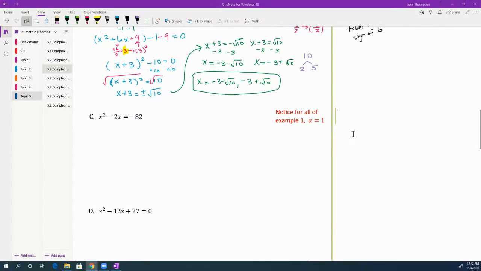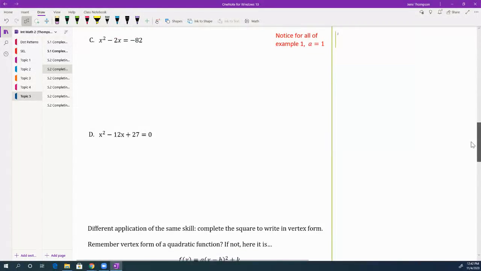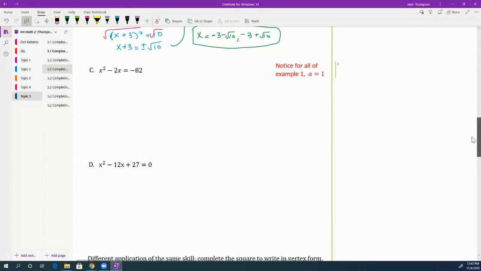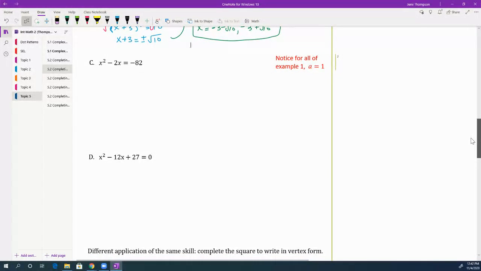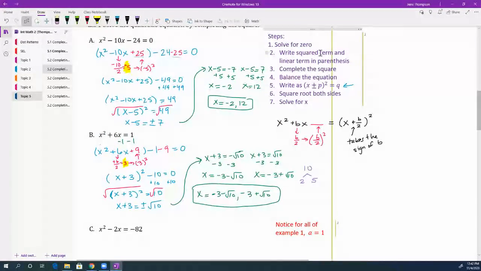All right. So there is a note here in red. It says, notice for all of example 1 that a is equal to 1. We've got for A and B and C and D, all of these have a value in front of x squared of 1. And that makes these problems easier.